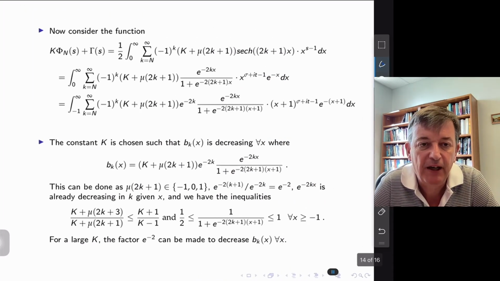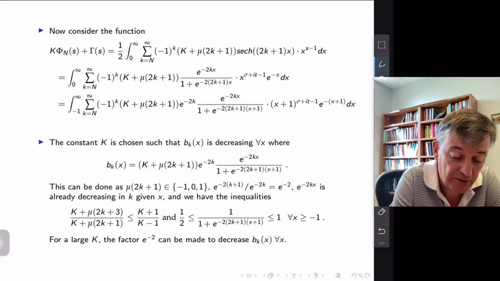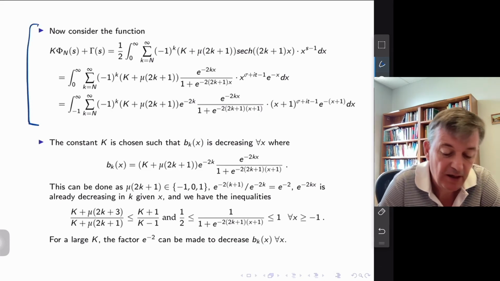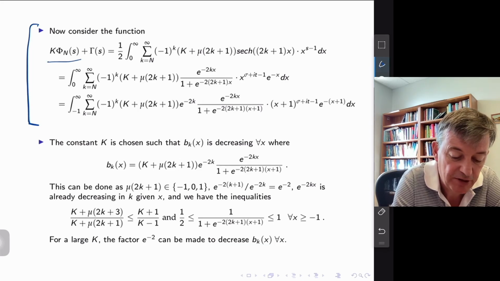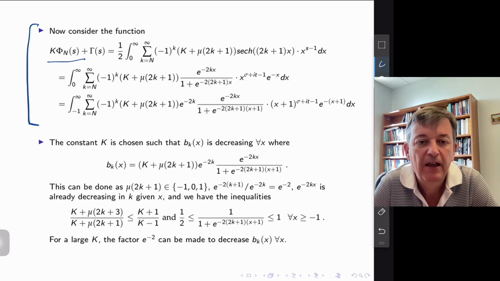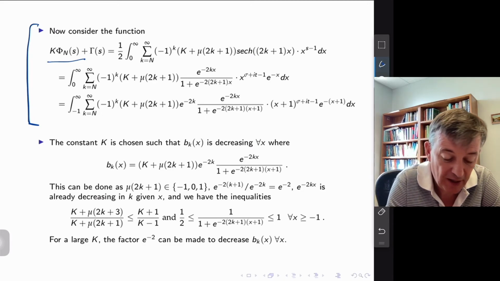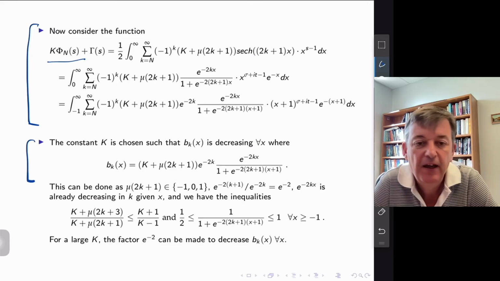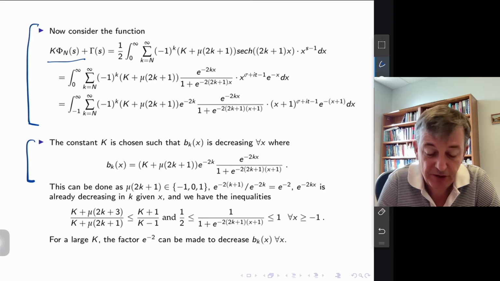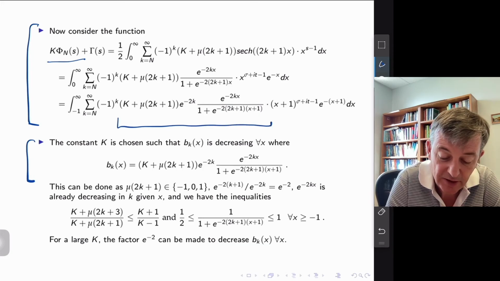Now I want to have a lower bound and an upper bound, so I know that this error term will be tending to zero. As with all of these problems, the devil is in the details. Hopefully with a little bit of work and bounding, I can find a constant k such that this sequence here is decreasing.